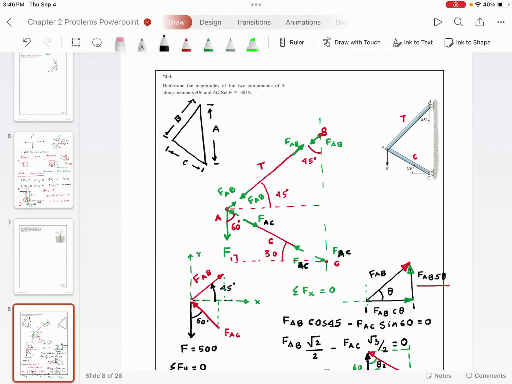In other words, if this angle is alpha, this angle is beta, and this angle is gamma, then A divided by sine alpha is equal to B divided by sine beta is equal to C divided by sine gamma.